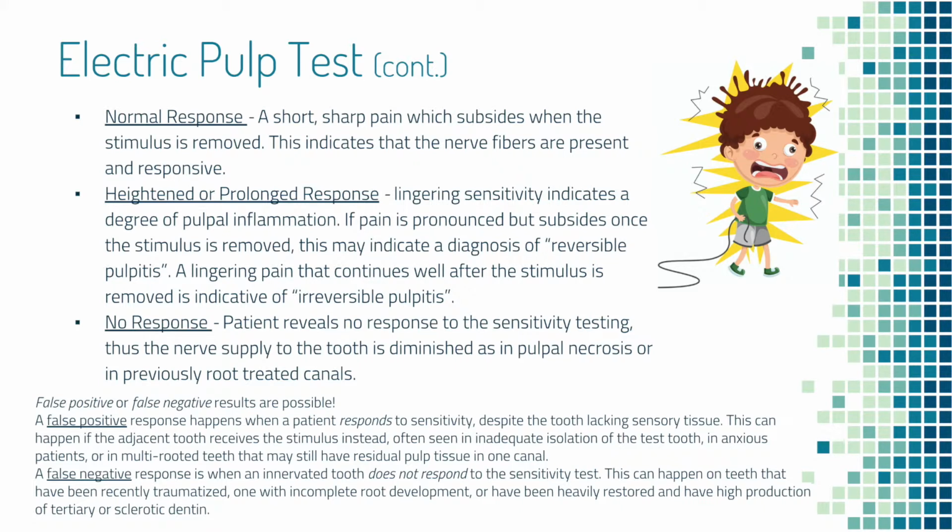A heightened or prolonged response is the lingering sensitivity after the stimulus is removed. If it goes away automatically, it could be reversible pulpitis, but a lingering pain that continues well after the stimulus is removed is indicative of irreversible pulpitis.